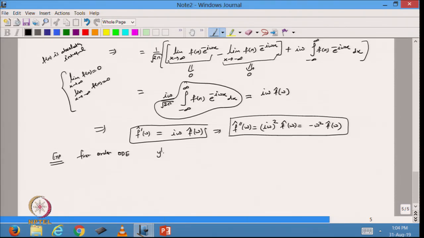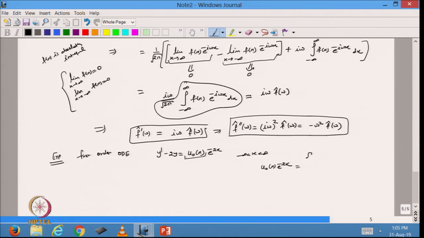So, I take the simple one, y dash minus 2y is equal to u naught(x) e raised to power minus 2x, and x is from minus infinity to infinity. But just now we have seen that we are unable to take the Fourier transform for the unit step function. But what about this function u naught(x) e raised to power minus 2x? e raised to power minus 2x is a decay function, and we were able to take the Fourier transform.